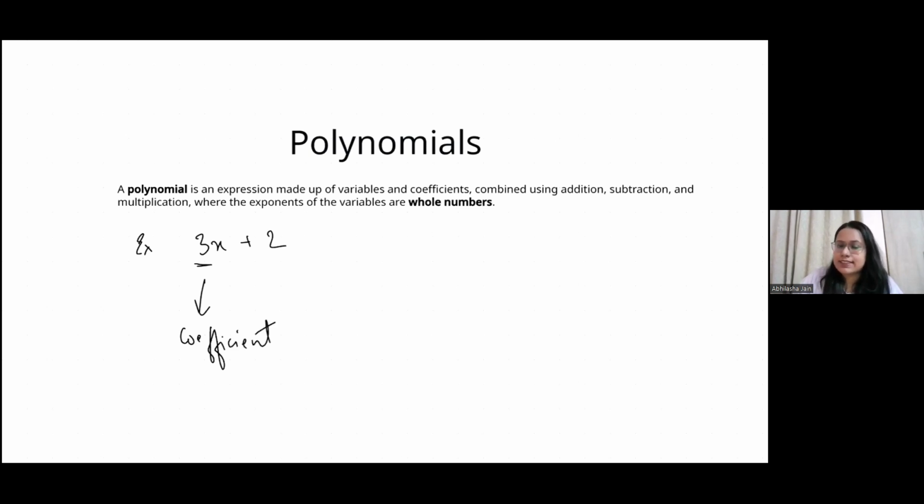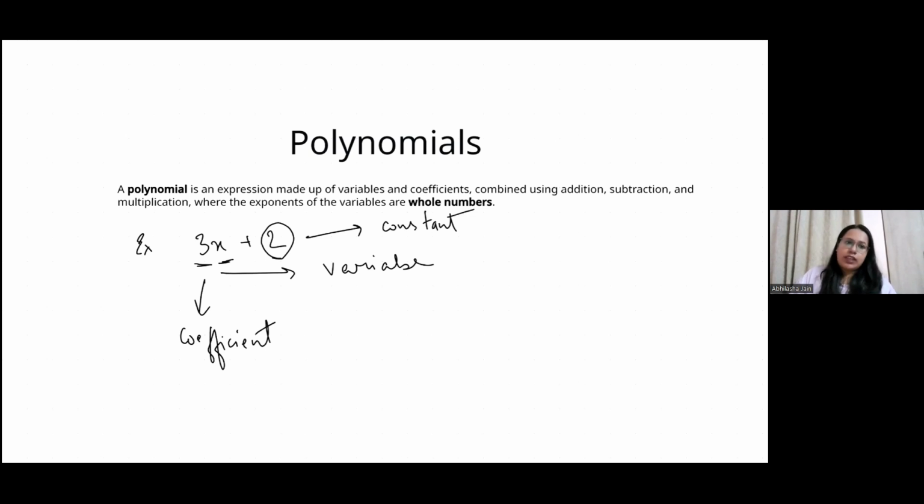Coefficient of x. X is a variable. So any numerical value multiplied with the variable is the coefficient of that variable. And the number which does not have any variable is a constant.